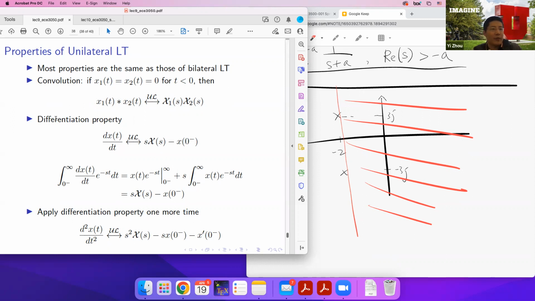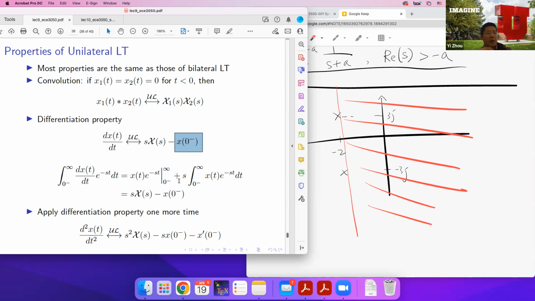Intuitively, this is because we're doing a unilateral transform. And then the differentiation property is very important because we want to apply it to analyze differential equations, or LTI systems specified by differential equations. You can see that for a differentiated signal, its unilateral transform is S times the unilateral transform of the original signal, minus the initial condition of the signal.